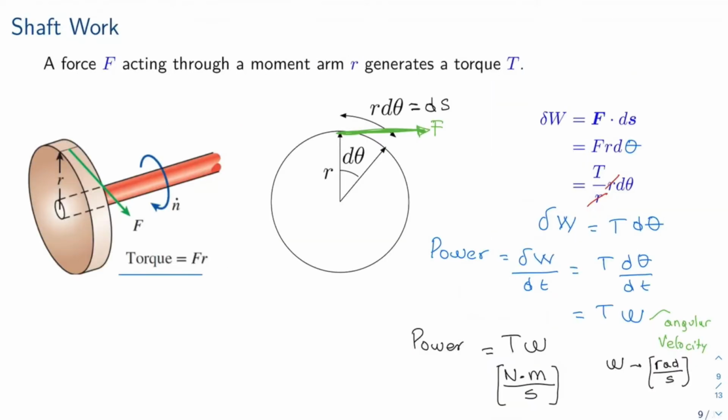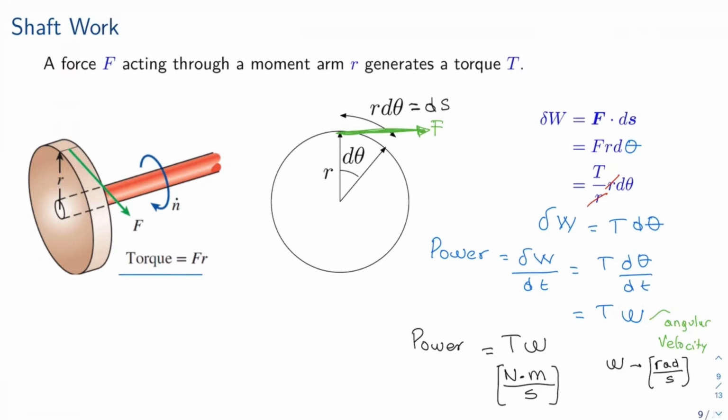In the case of the shaft, we have rotary movement, and the differential of work is defined in terms of the torque multiplied by d theta. To obtain the power, we divide by dt, so we have torque multiplied by d theta/dt, which is omega, the angular velocity.